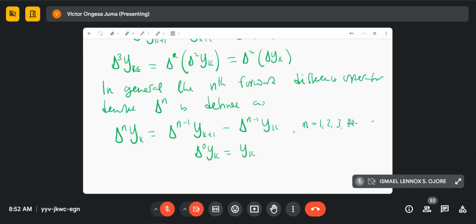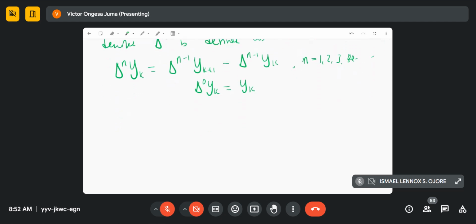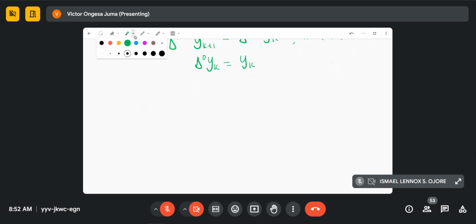Any question until that point? We want to define some things, but maybe let us first do an example, one with data values and two with functions.